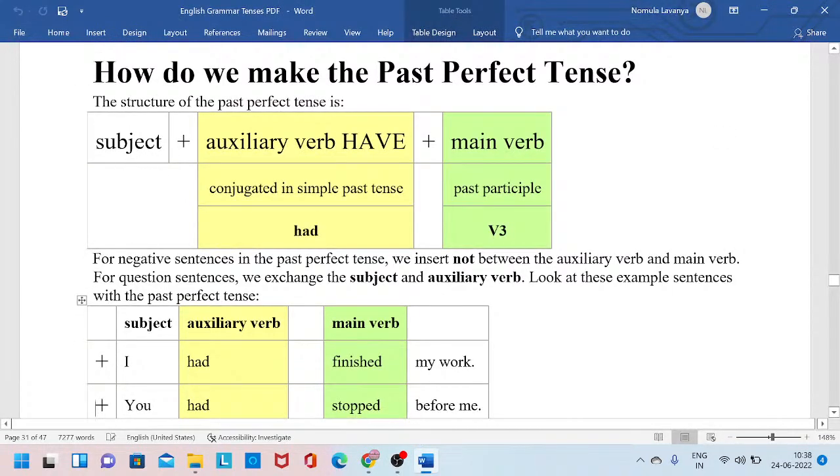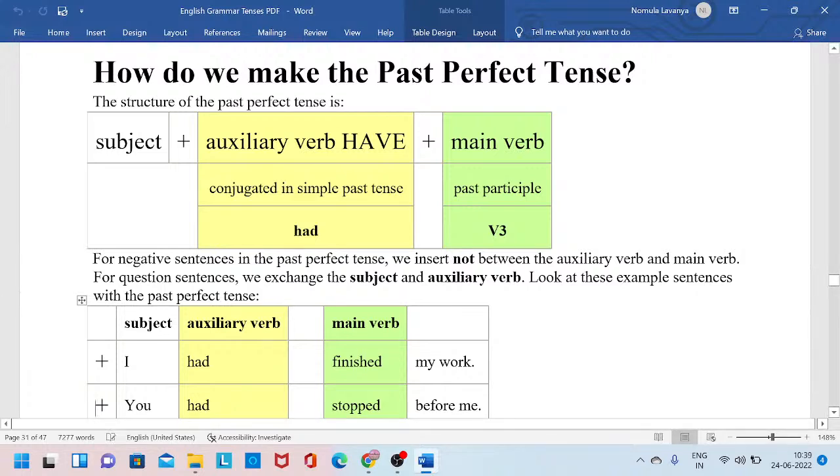So quickly let us see the equation. Subject plus auxiliary verb, that's have, and in the simple past tense, it's like had, and main verb, the past participle, verb 3 formation. Like see, saw, seen. Seen is a past participle.